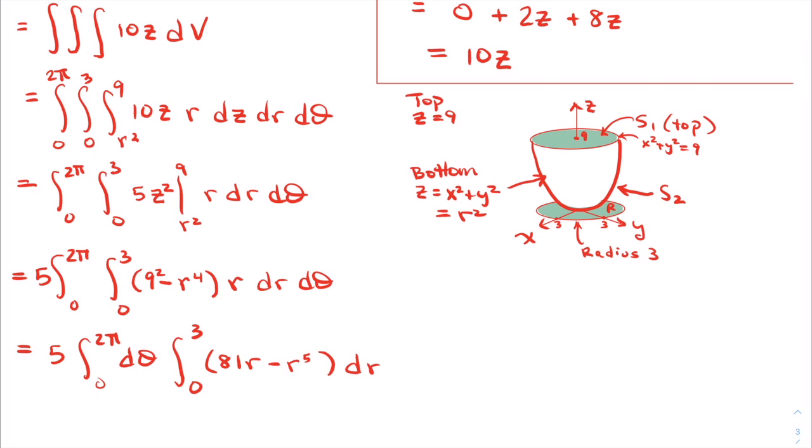Okay, so 5 times 2 pi. So that would be 5 times 2 pi times, in parentheses, we're going to have 81 over 2 r squared from 0 to 3 minus 1/6 r to the 6th from 0 to 3.